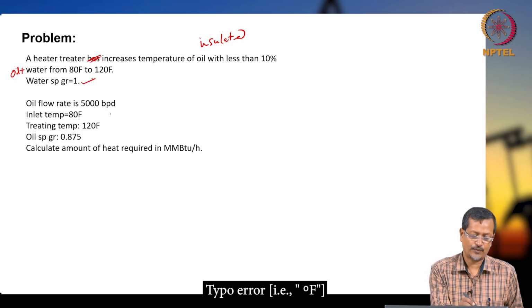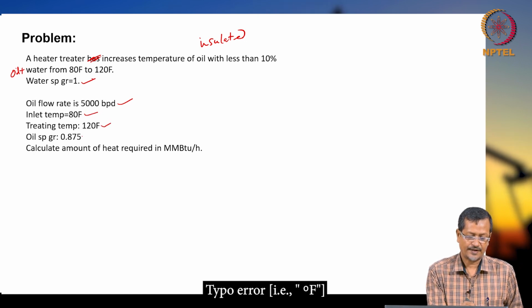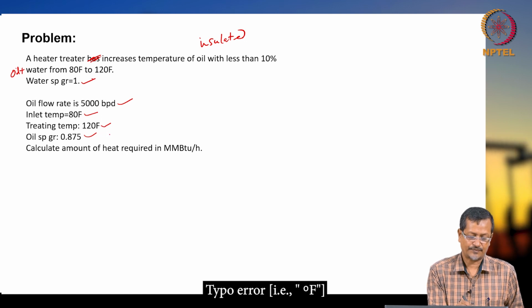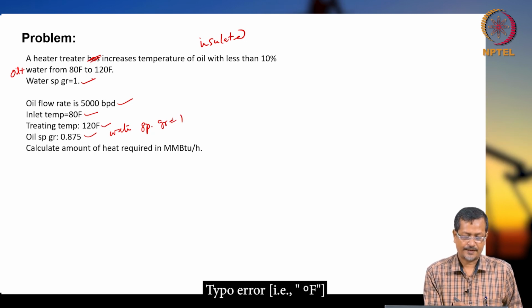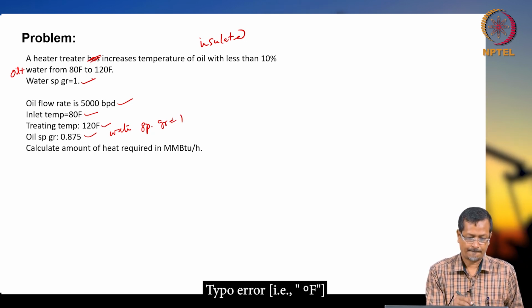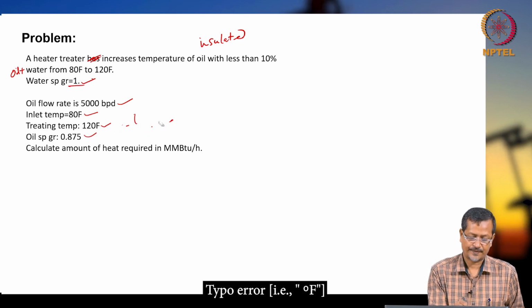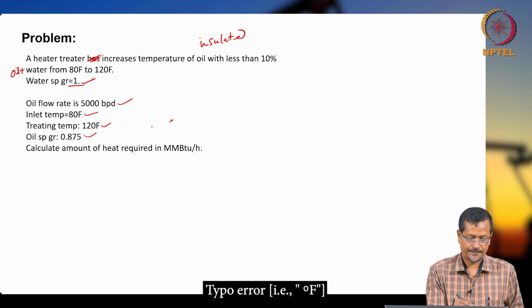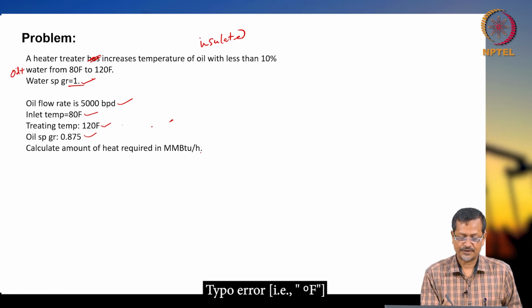Water specific gravity 1, oil flow rate 5000 BPD, inlet temperature 80 degree Fahrenheit, treating temperature 120 degree Fahrenheit, oil specific gravity 0.875, water specific gravity equals 1, and it is insulated. Water specific gravity is already given, so no need for this one. Then you have to calculate the amount of heat required in million British thermal units per hour.